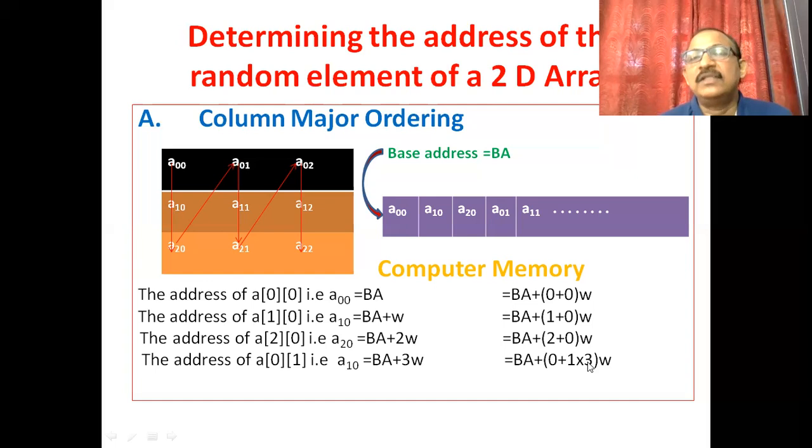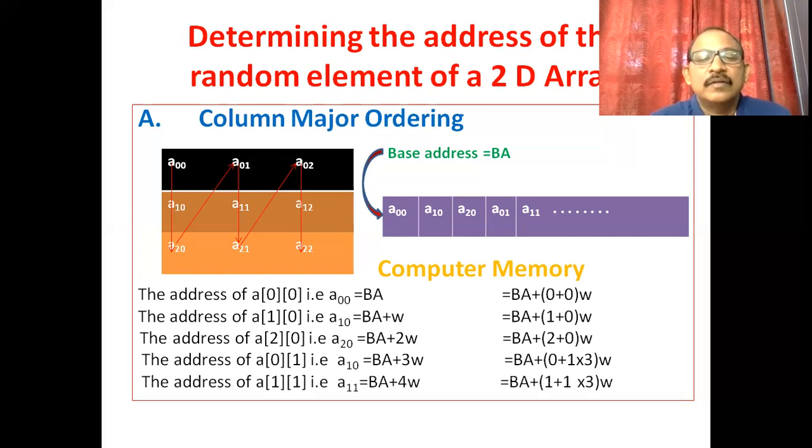And here this 3 represents the number of elements in a column, that is the number of rows. Okay. Address of this one is BA plus 4W. And you may write this as BA plus 1 into 3 into W.